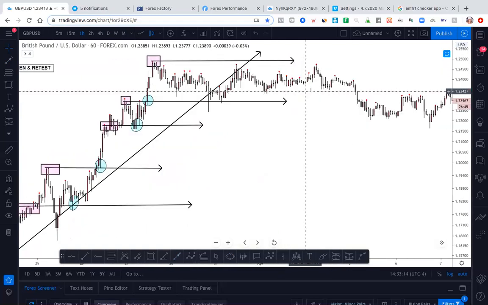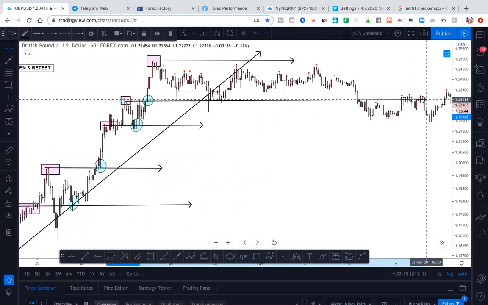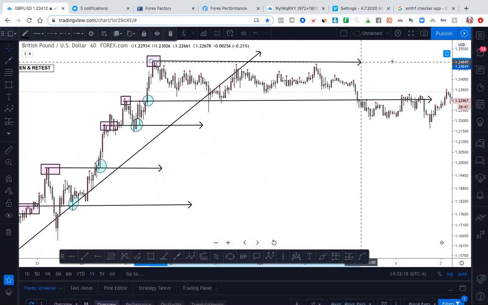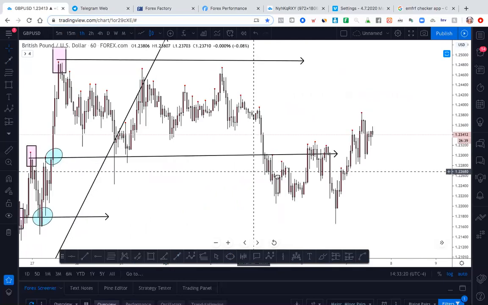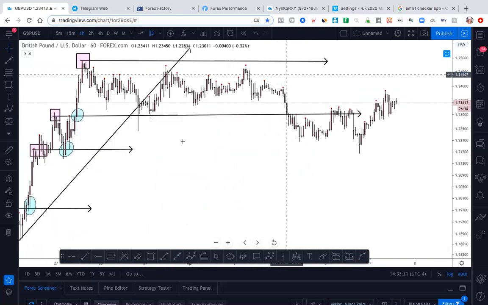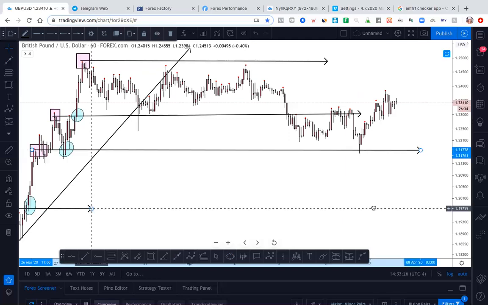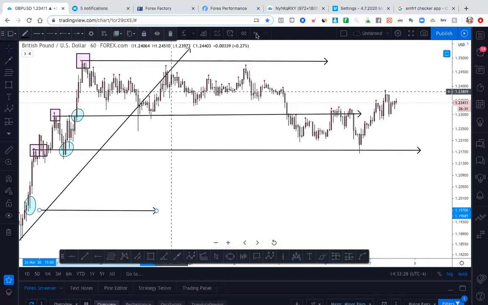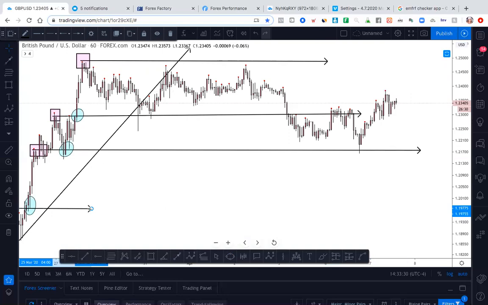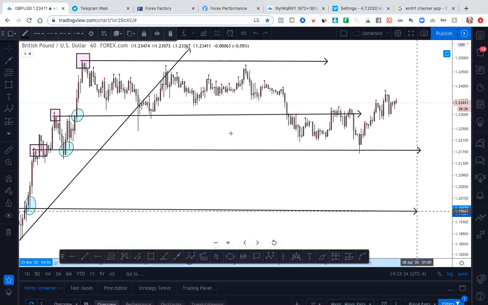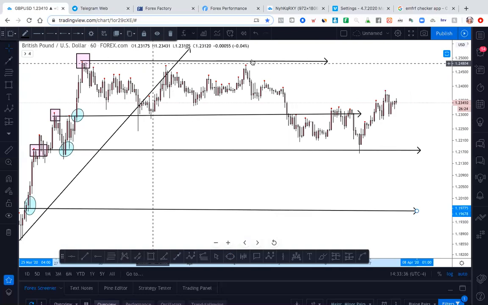As you can see, if we drag this out, it was in a consolidation period for quite some time, and now it's slowly trying to transition. Let me show you. You can see where we have basically a triple top.